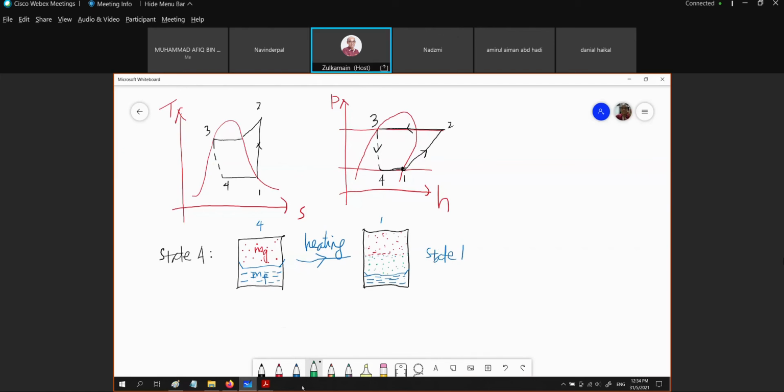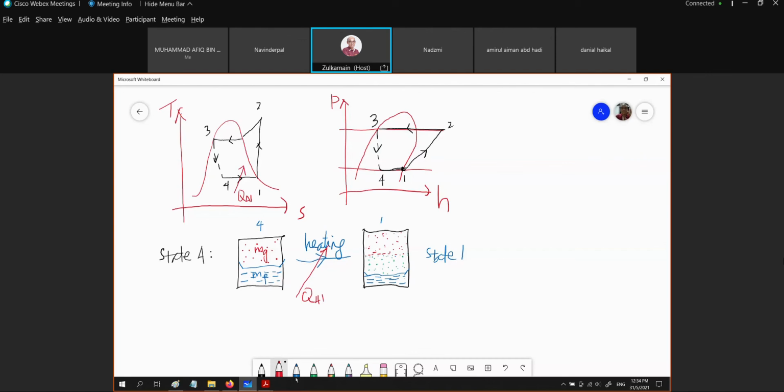Now, what actually happened from point 4 to point 1 is a heating process, Q41. We are going to absorb heat during this process.